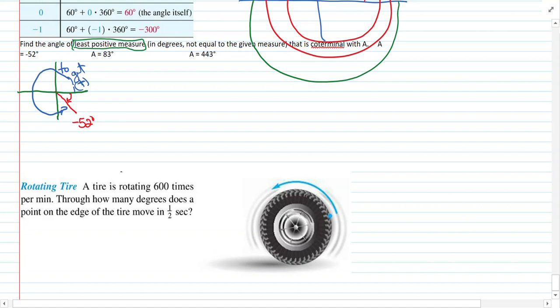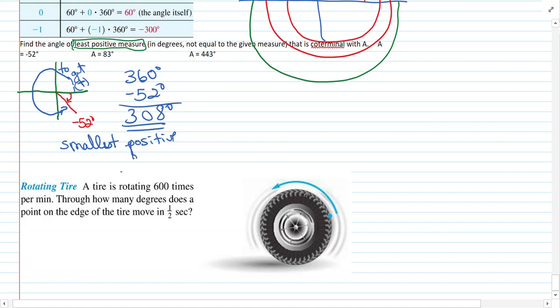So we would take the 360 degrees and add to it the negative 52 degrees, sorry. And that would give us 308 as the smallest positive angle. Because anything else, I would have to add 360 to it.